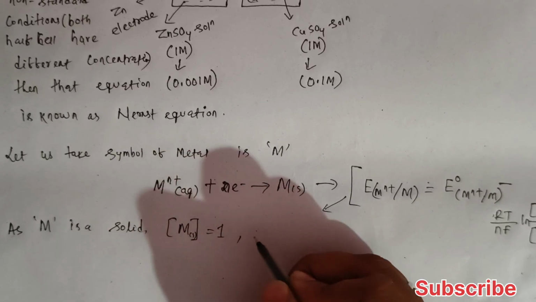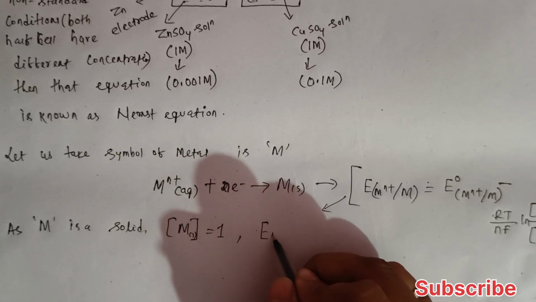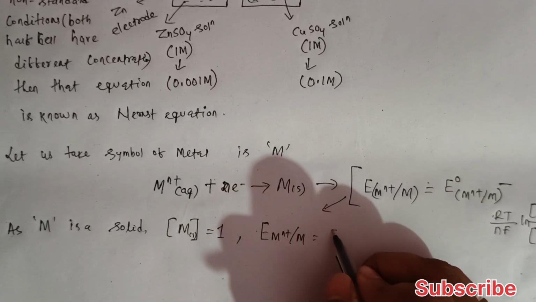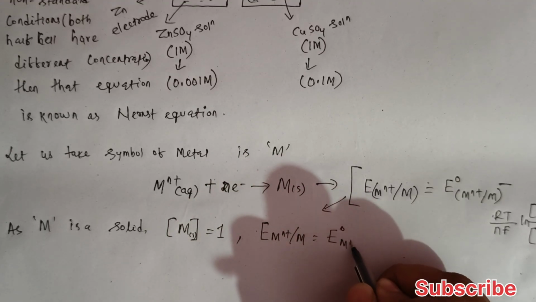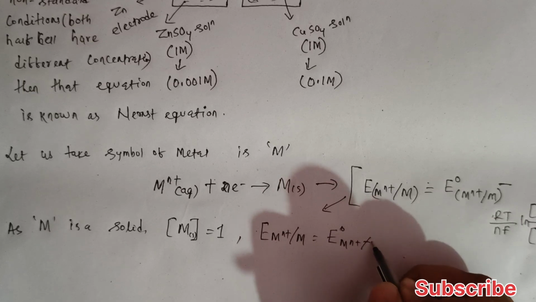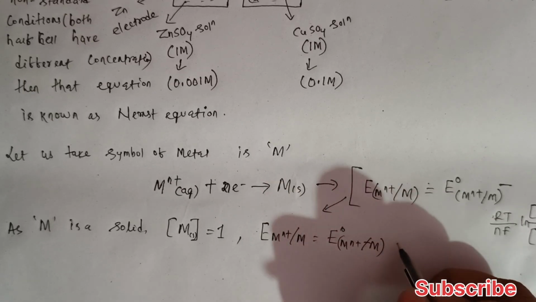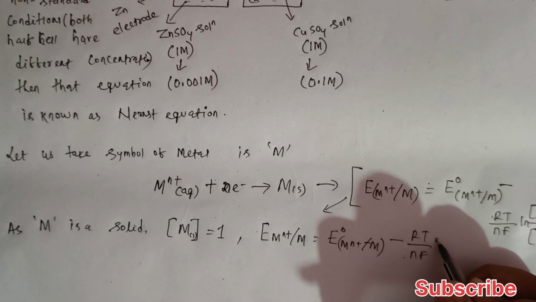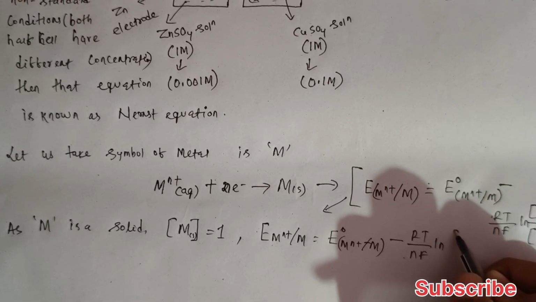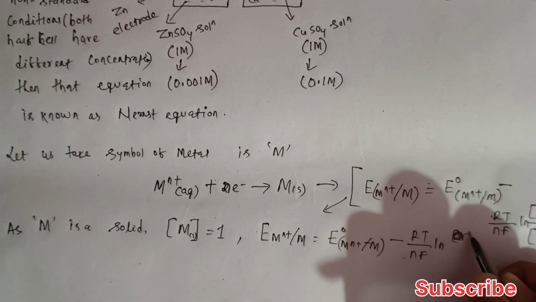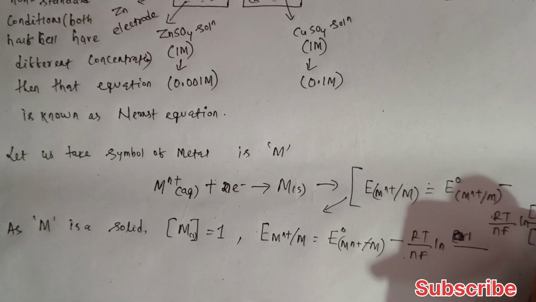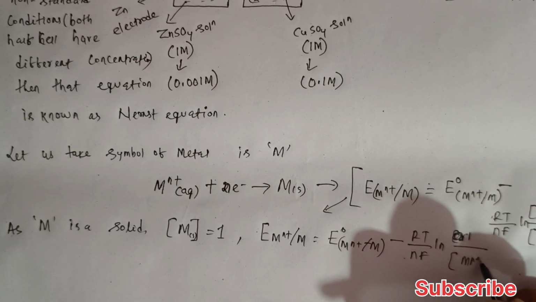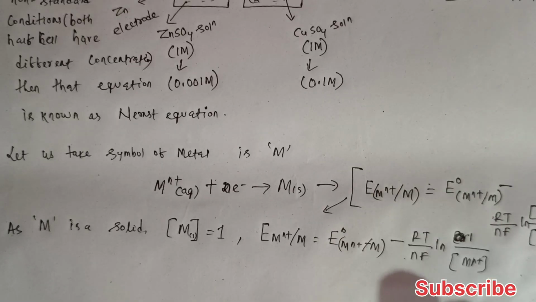So the Nernst equation will become E of Mn+/M is equal to E naught of Mn+/M minus RT by nF ln of 1 by Mn+. Clear? Very simple.